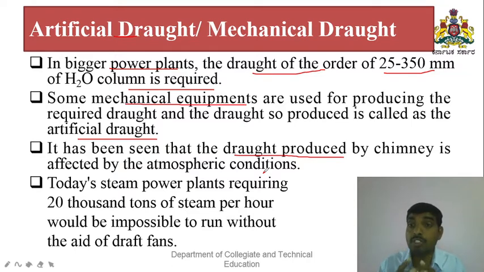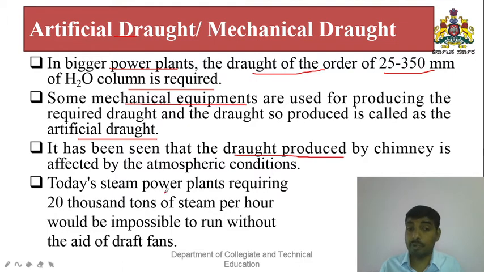This surrounding temperature can lead to breathing problems for the surrounding public. These are the major disadvantages of natural draught. That's why we choose mechanical draught, to overcome those difficulties.